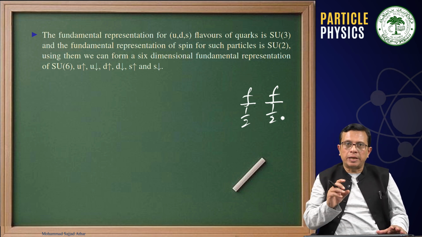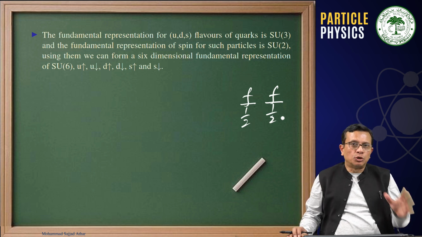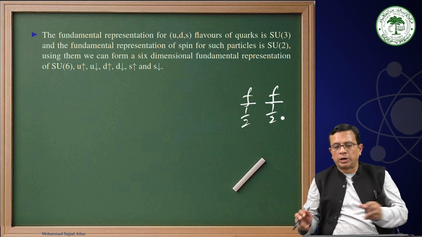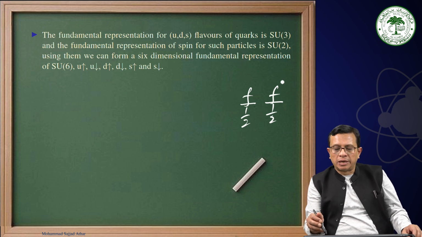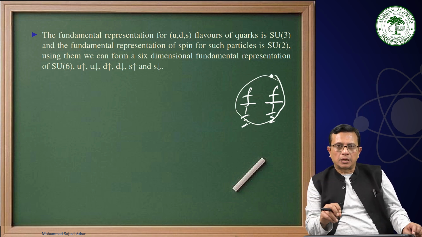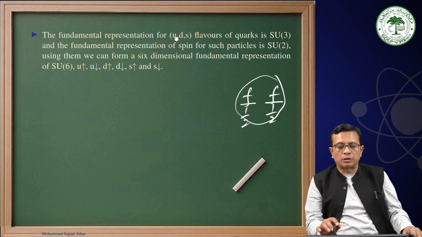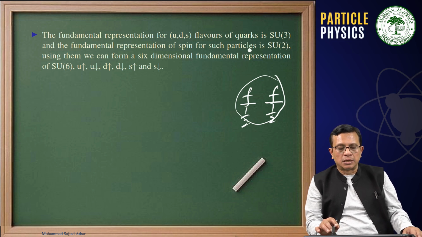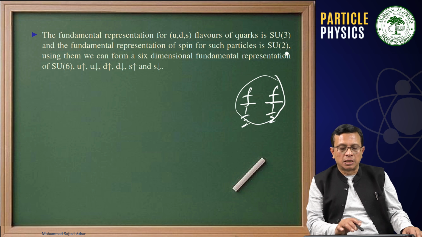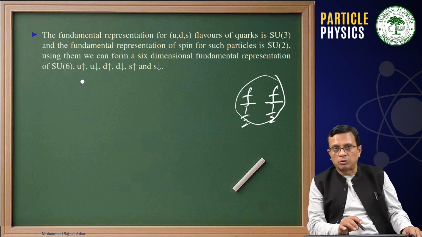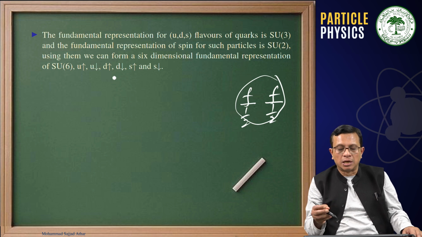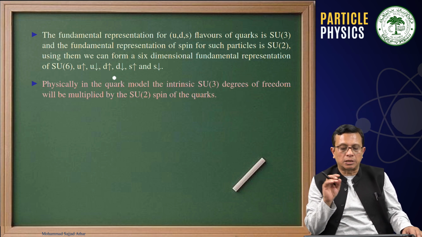Therefore, in the case of spin, whether you are talking about SU2 or SU3 or SU4, there is only the possibility of getting SU2 for the spins, and therefore if we are talking about three flavors of quarks and the spin representation of the particles, then in total you have a 6-dimensional representation of SU6, where you have U in the up state, or U in the down state, D in the up state or D in the down state, or S quark in the up state or S quark in the down state.